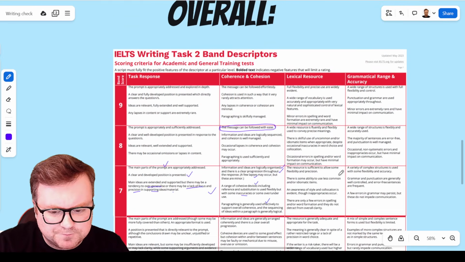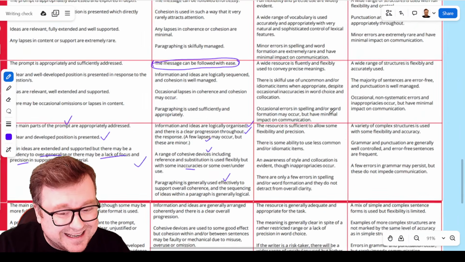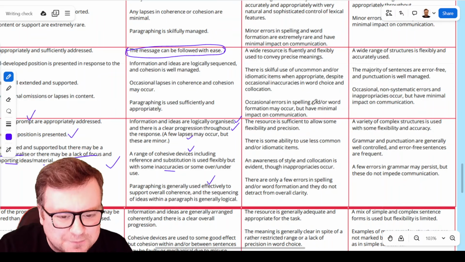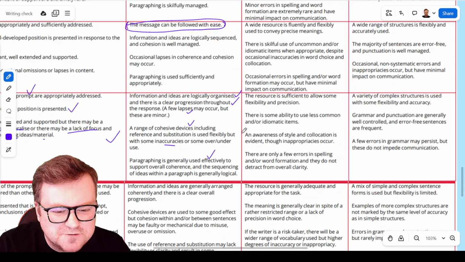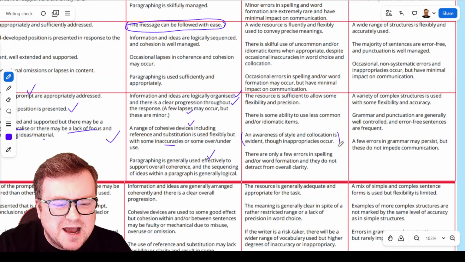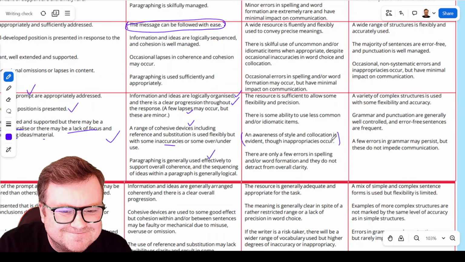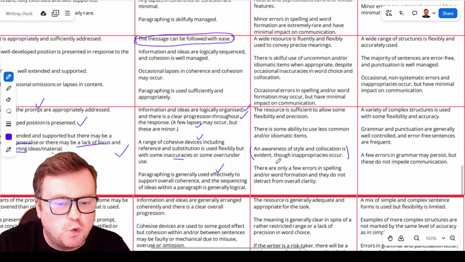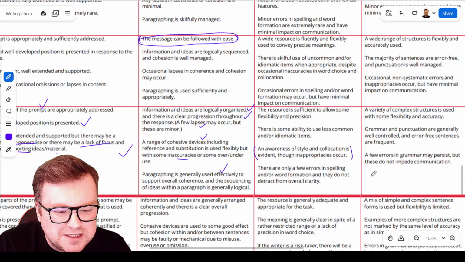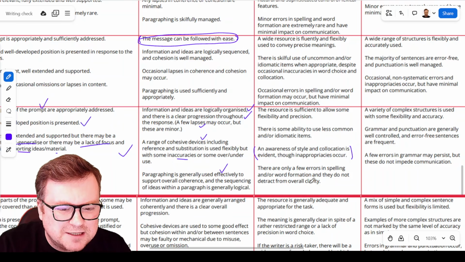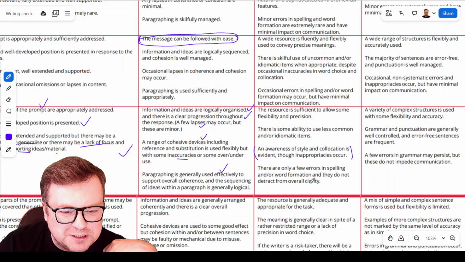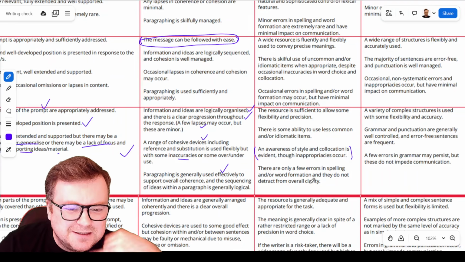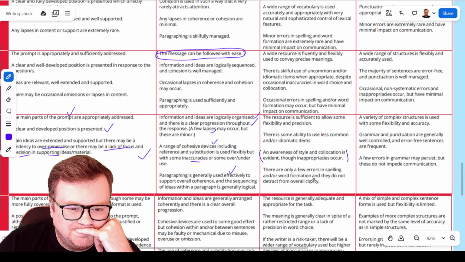But the vocab... Maybe. The candidate's vocab is certainly at a 9, but notice this awareness of style and collocation. I certainly wouldn't award it less than a 7. But for me, the lack of academic style is a problem. A tricky one.